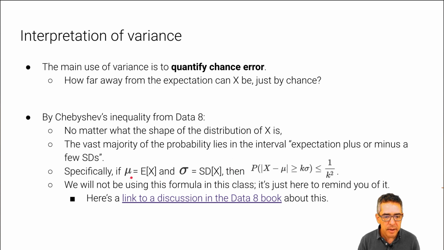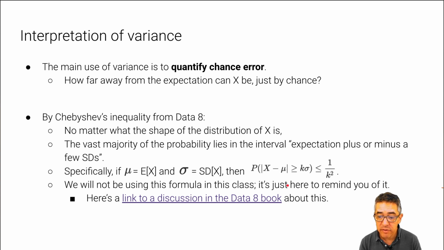Mathematically, if we define the expectation of x by mu and the standard deviation of x by sigma, then the mathematical statement of Chebyshev's inequality is given here. It states that the probability that x is away from the mean by more than k standard deviations goes down like 1 over k squared.